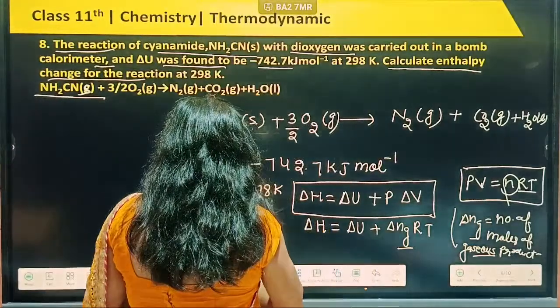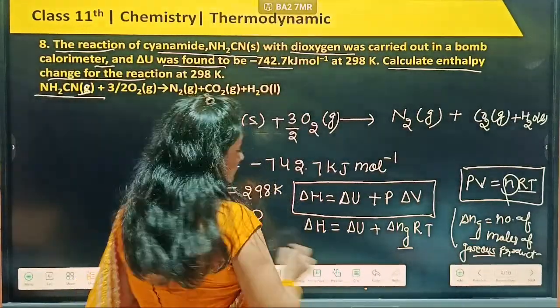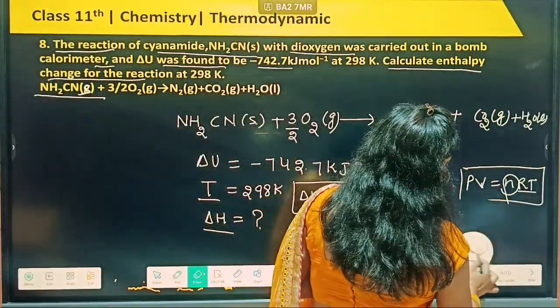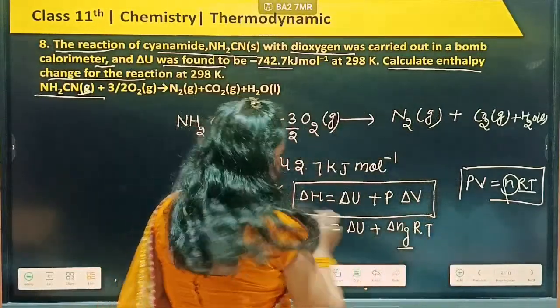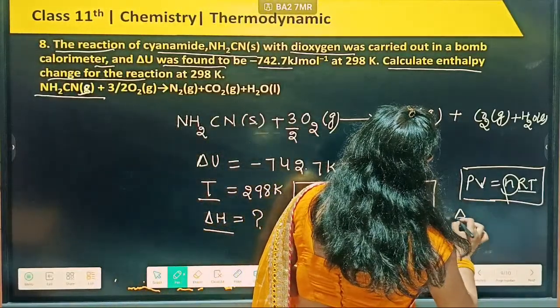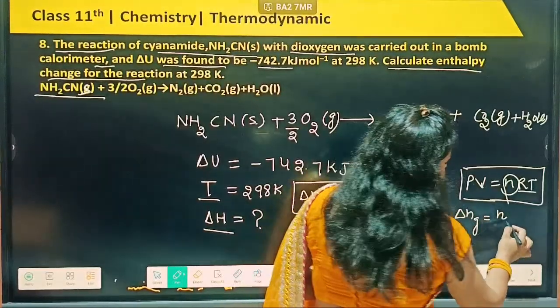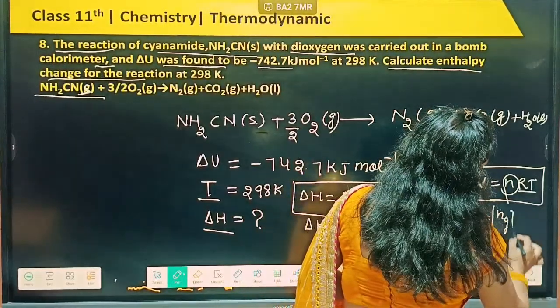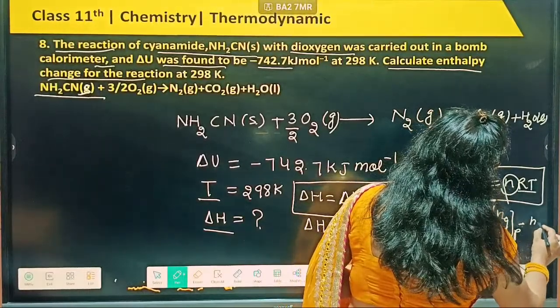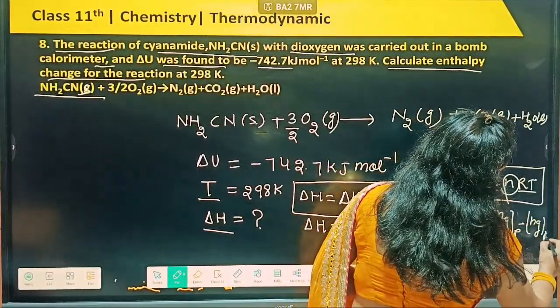You can write in this way. Del Ng is equal to number of moles of product minus number of moles of reactant.